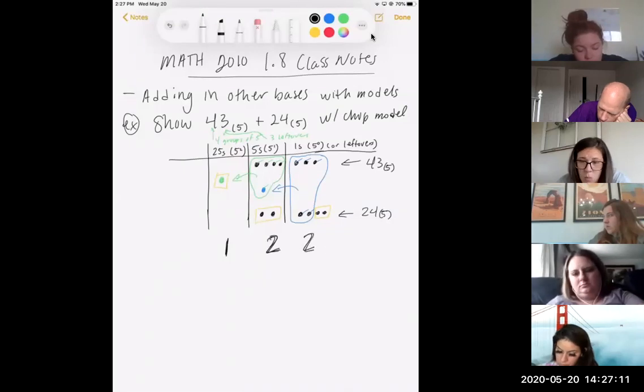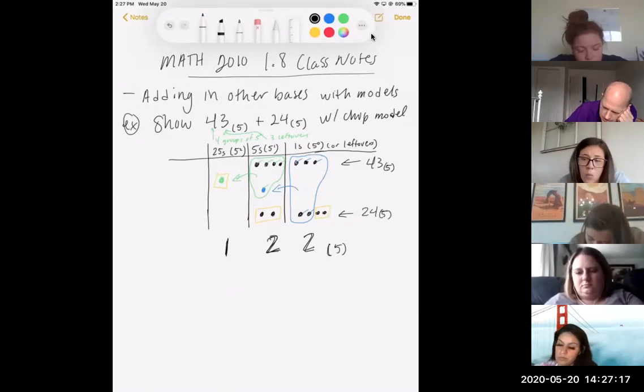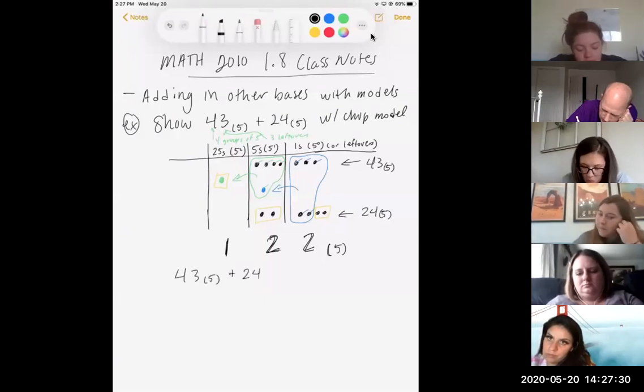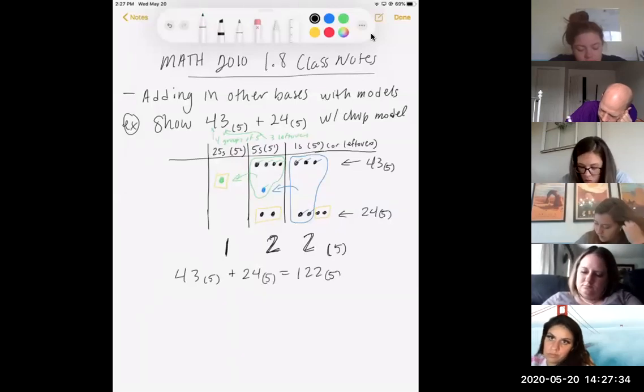Now 1, 2, 2 are all base 5 numbers because I've been grouping 5s together. So that's how you show addition with the chip model. I'm going to summarize it by saying 43 base 5 plus 24 base 5 is equal to 1 2 2 base 5.